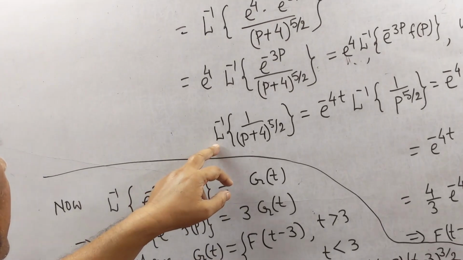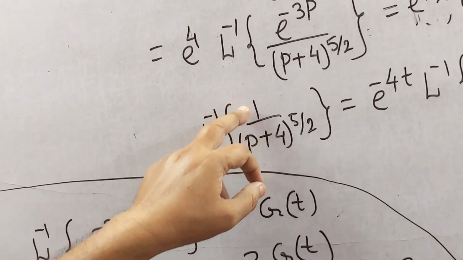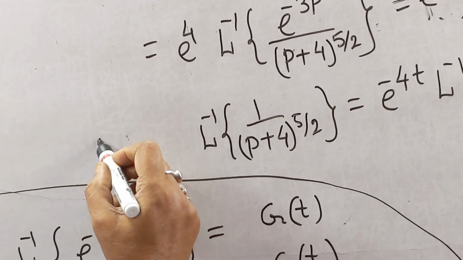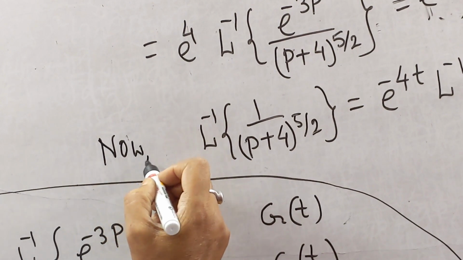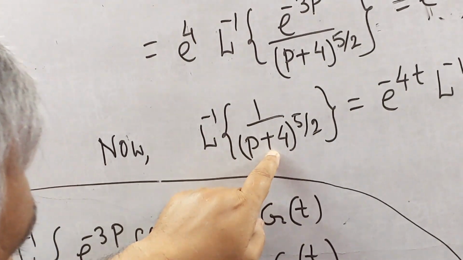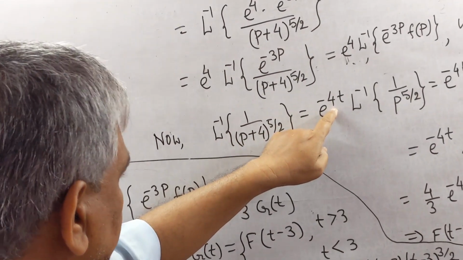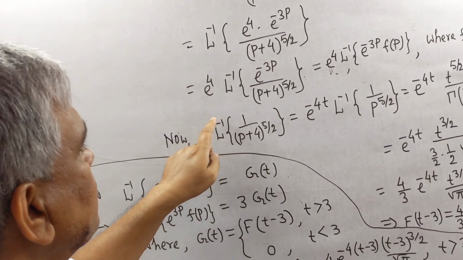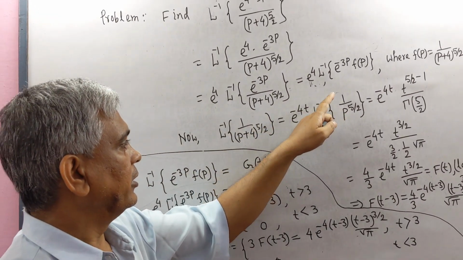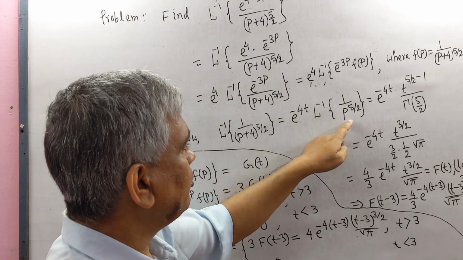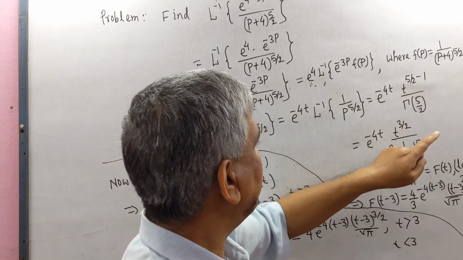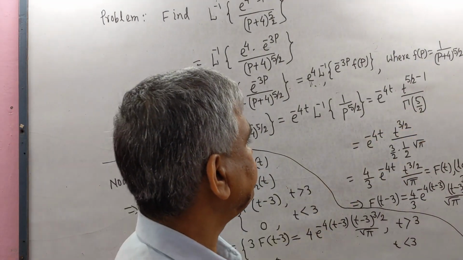Now L inverse 1 by (p plus 4) to the power 5 by 2 equals, by the first shifting theorem, e to the power minus 4t L inverse 1 by p to the power 5 by 2. Here L inverse 1 by p to the power 5 by 2 is t to the power (5 by 2 minus 1) by gamma 5 by 2.